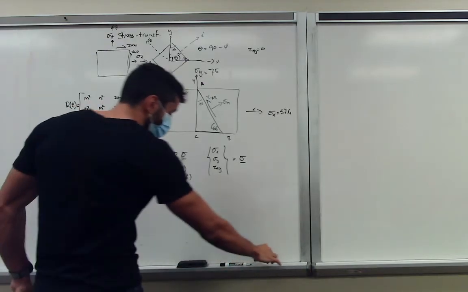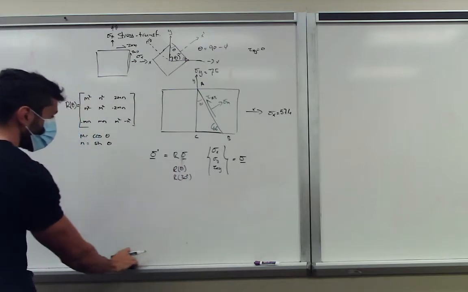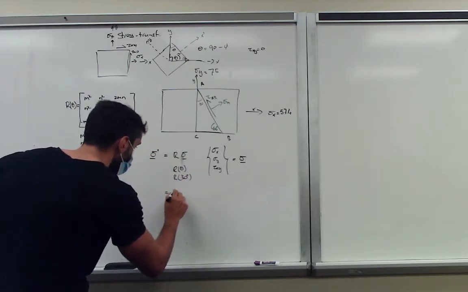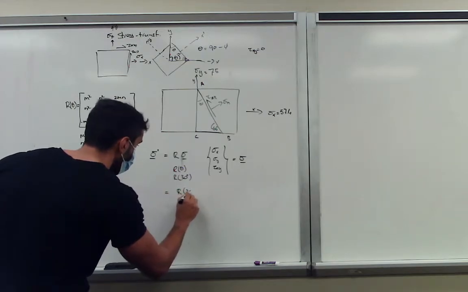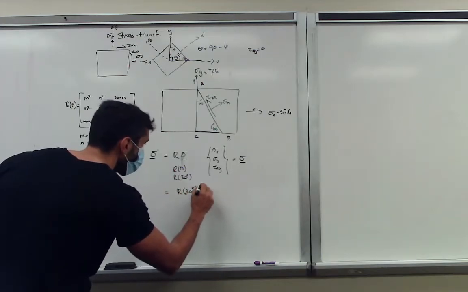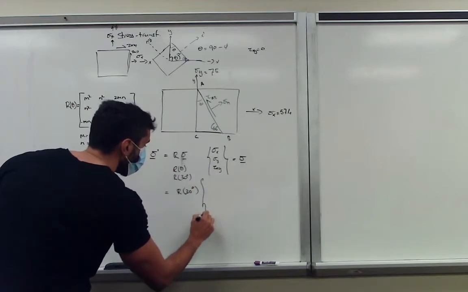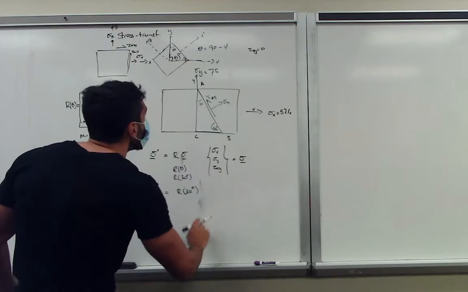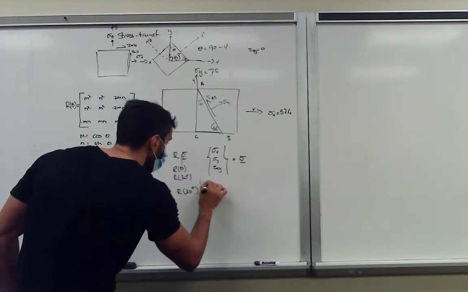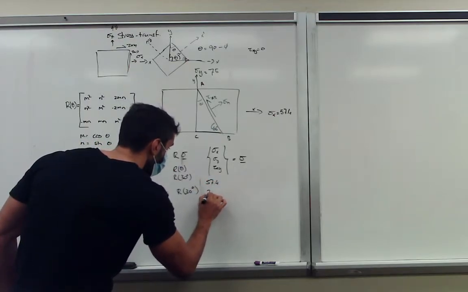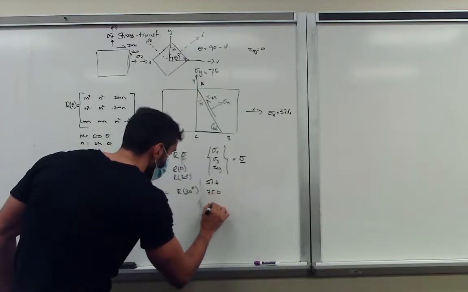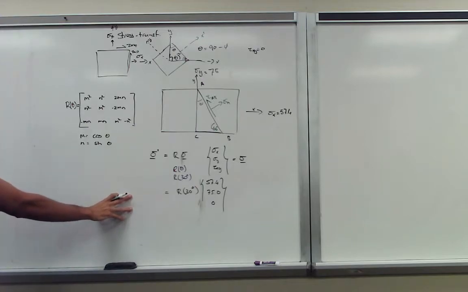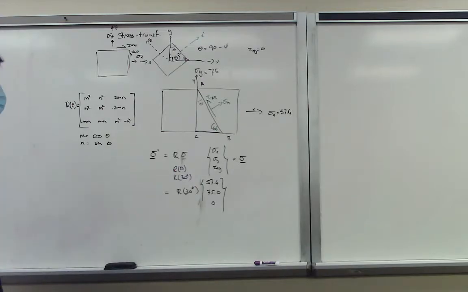And once we plug that R in, once we do this transformation, I'll spare you the numbers. This is not really interesting, what the numbers are, but the transformation of 57.4, 75, and 0 gives us our new rotated coordinates.